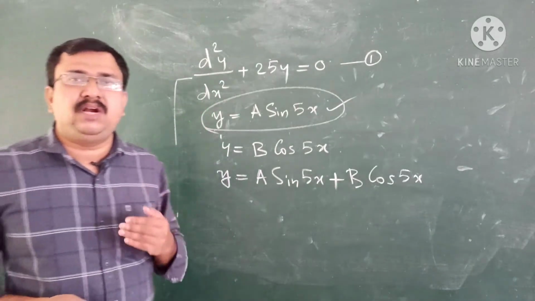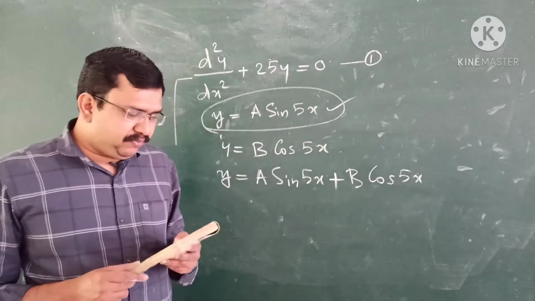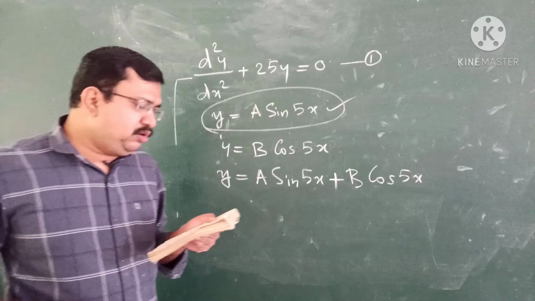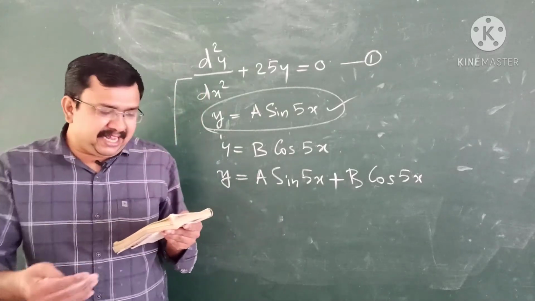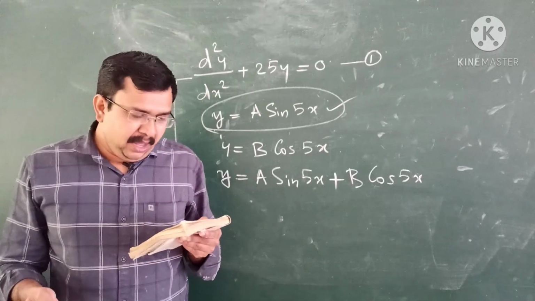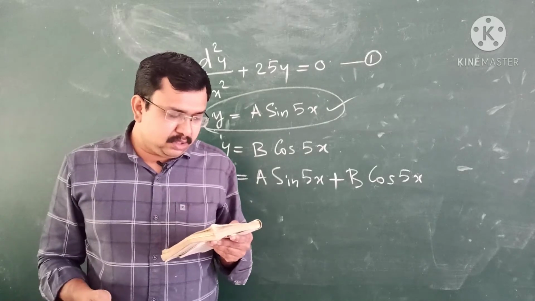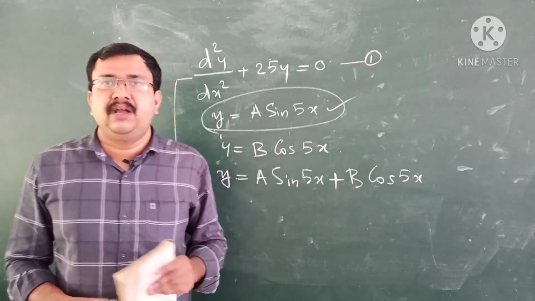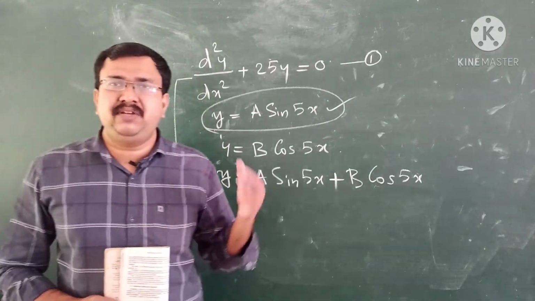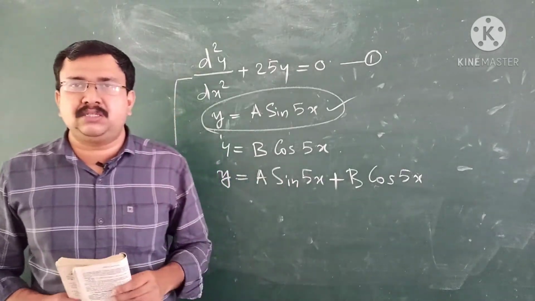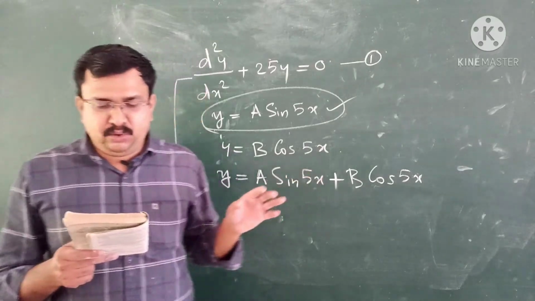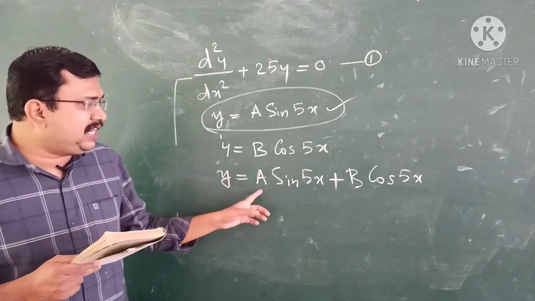And another one is the particular solution. What do you mean by particular solution? A solution obtainable from the general solution by giving particular values to the constants is called a particular solution. What is the difference between general solution and particular solution? In the case of a particular solution, it is obtained from the general solution.